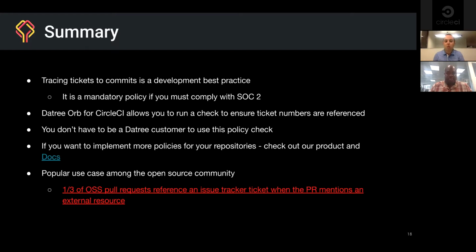If you would like to implement more policies, or for example, implement this policy with one click across your entire stack, you can also do that with Datree without having to import it one by one.